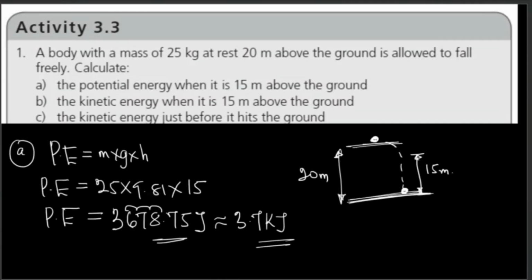The B part. How will you determine the kinetic energy when it is 15 meters above the ground? Because you are being asked to determine the kinetic energy, the gain in kinetic energy is going to be equal to the loss in potential energy.